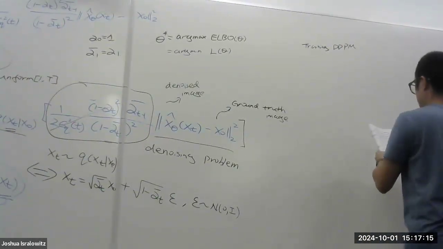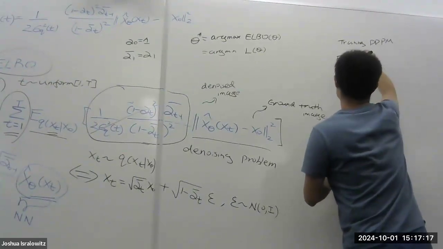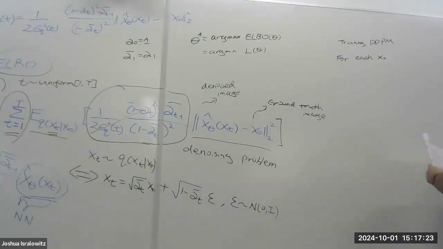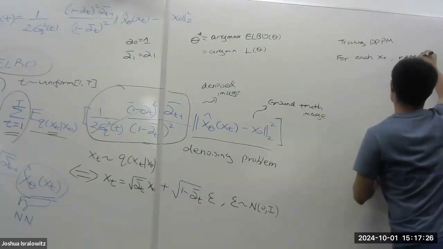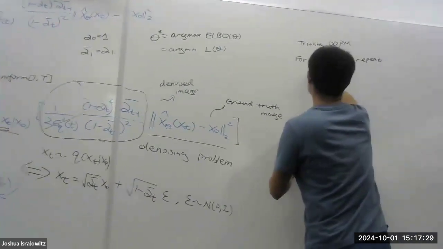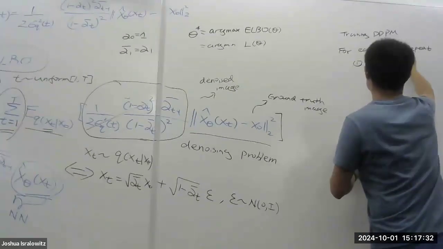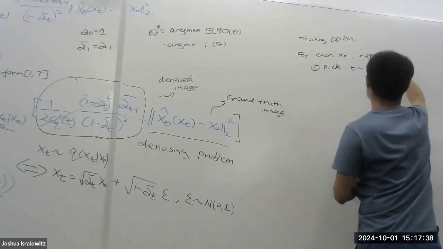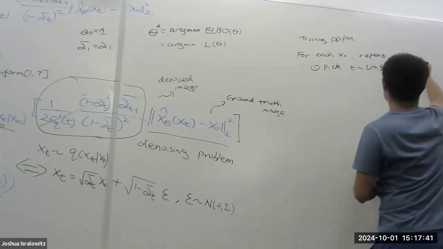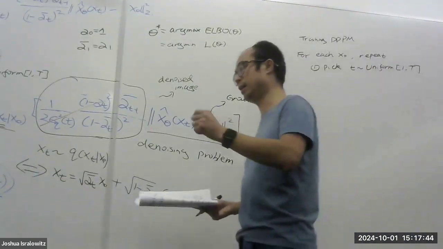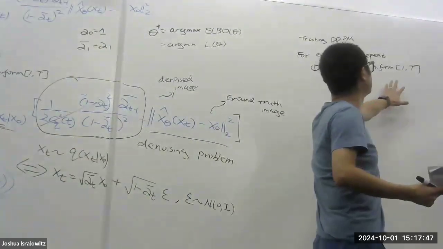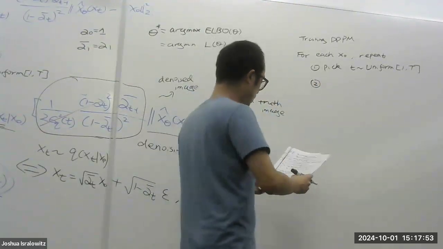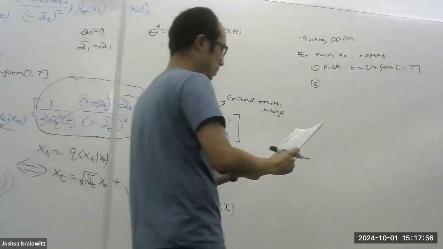For one image, so for each image x0 in this training set, you're going to repeat the following. The first thing, take t uniformly. This uniform means you pick an integer uniformly from 1 to T, so this has to be an integer. Then you do this forward sampling for one step.